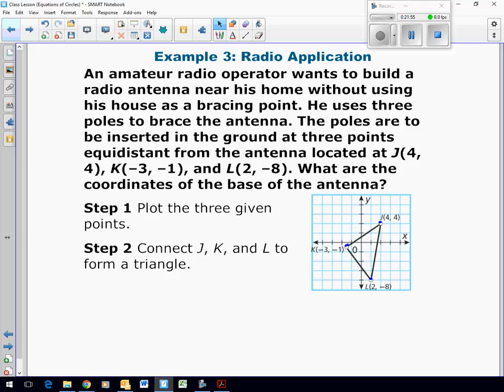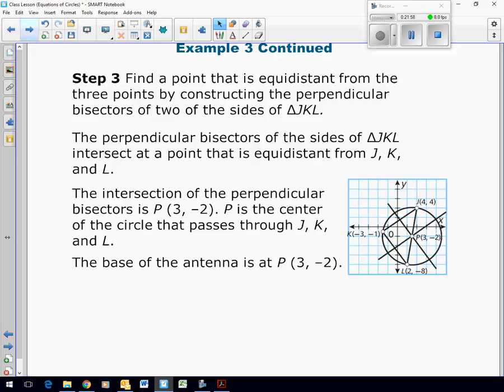So what this problem has you do, and I won't make you do it, is find the point P that would be equidistant from J, K, and L. If point P is the same distance from J, K, and L, then if I want to build my radio antenna, you could hire someone, or you could find the center of that circle, and since it's equidistant, you want to put your pole at point P. Which would be really fun for how many of us?